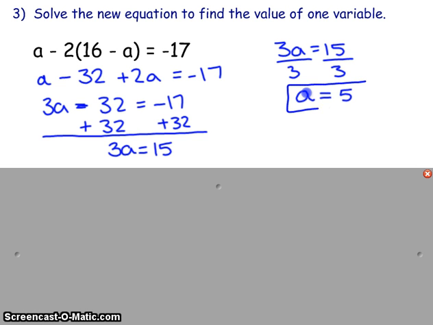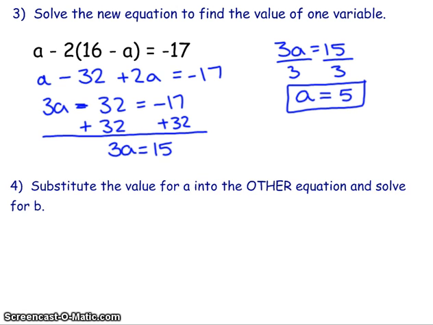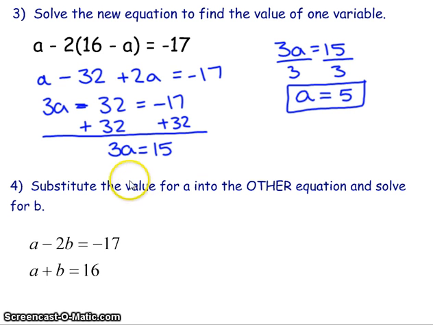So now that we know that A equals 5, we need to figure out what B equals. To do that, we're going to substitute the value for A that we just found into the other equation and solve for B. What do I mean by the other equation? We just used this one, because that's what we put the 16 minus A in. So we're going to substitute our A into this equation.